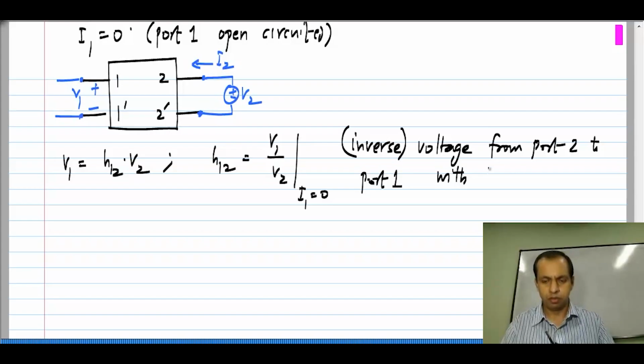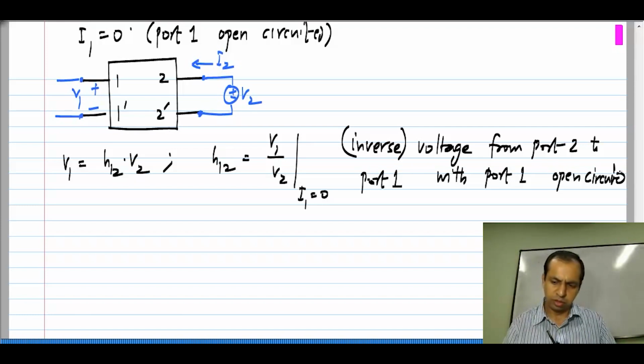With port 1 open circuited, we get I2 to be H22 times V2.